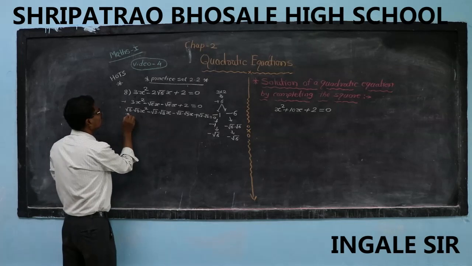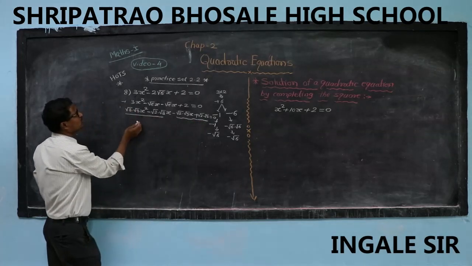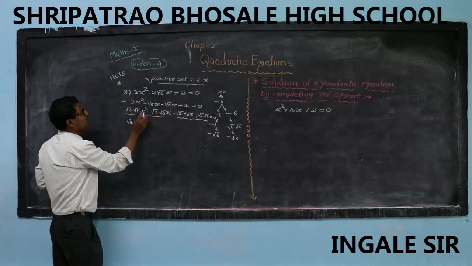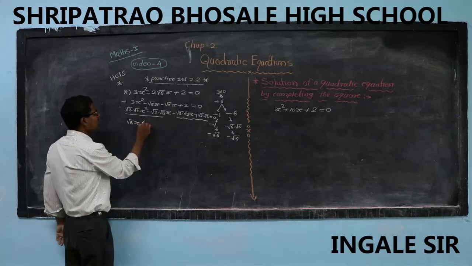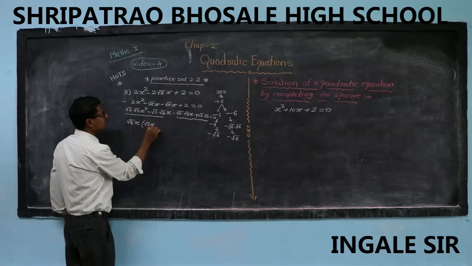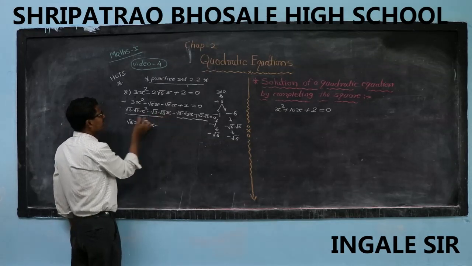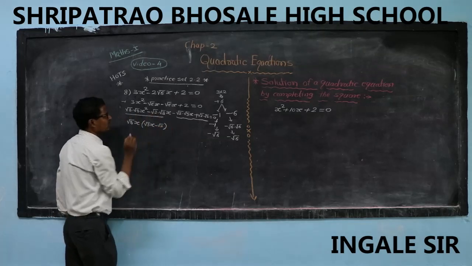From the first two terms and from the last two terms, we get common factors. From the first two terms, root 3 x is common, remaining root 3 x minus root 2.